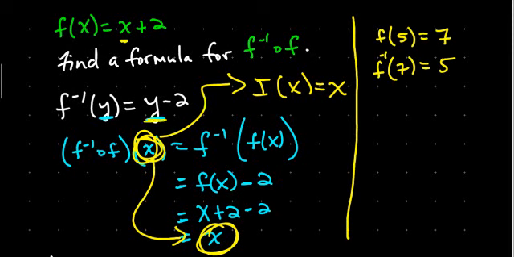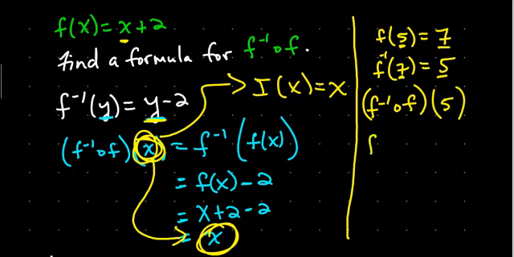So if I compose f inverse composed with f of 5, f sends 5 to 7, and then the inverse sends 7 back to 5.